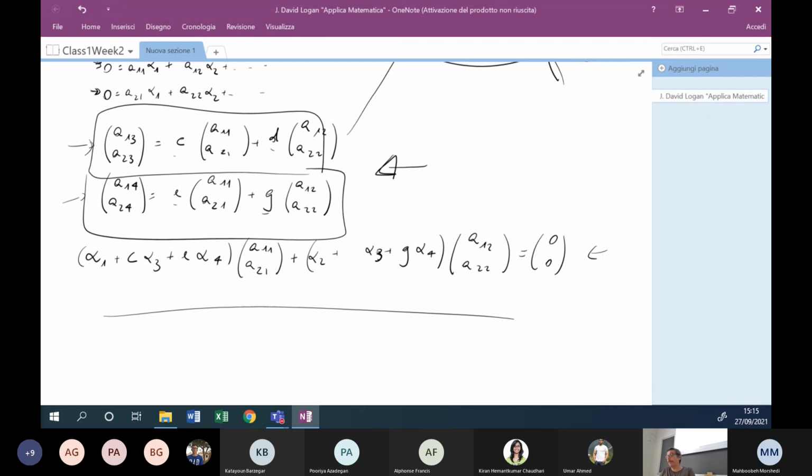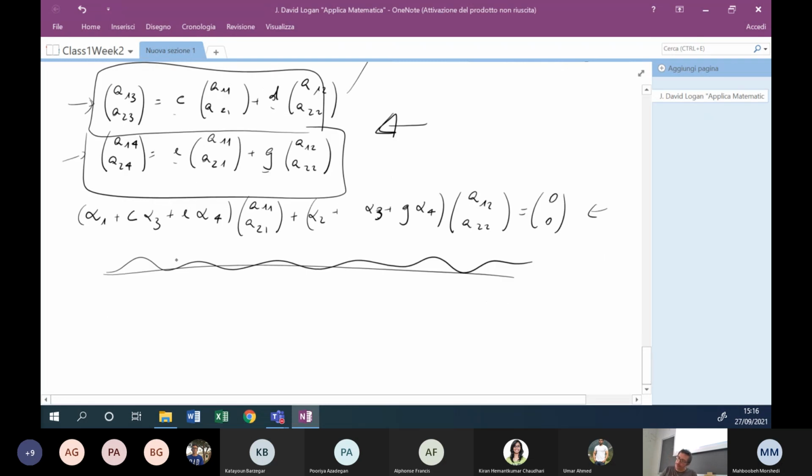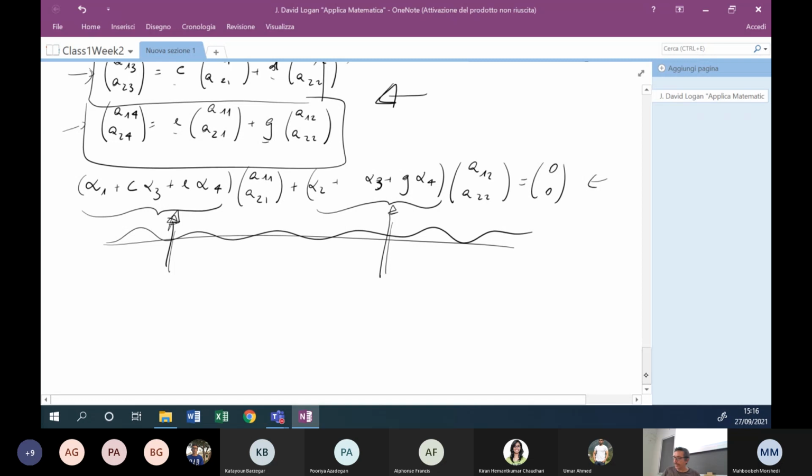Now, if these vectors are linearly independent, and I know that this combination of these two vectors is equal to the 0 vector, then what can I say on these coefficients here? They are 0.